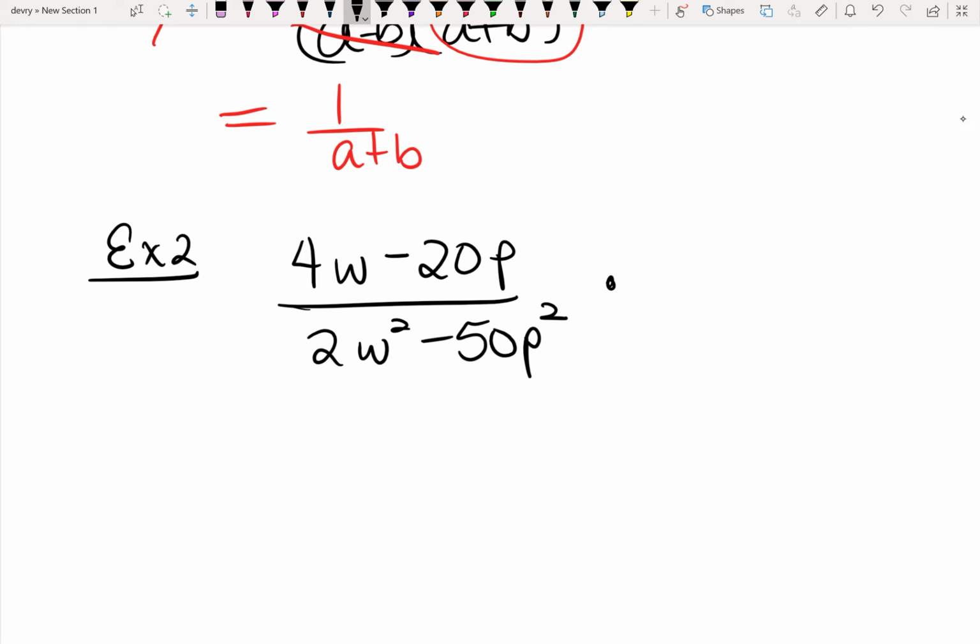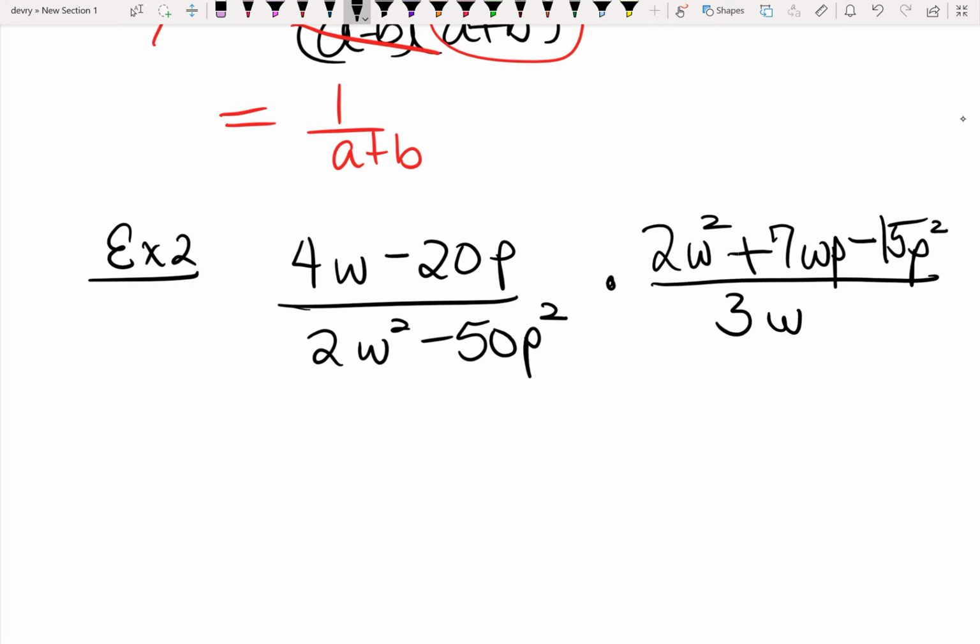This is times an ominous looking little trinomial called 2w squared plus 7wp minus 15p squared. And all of this is over 3w plus 9p.